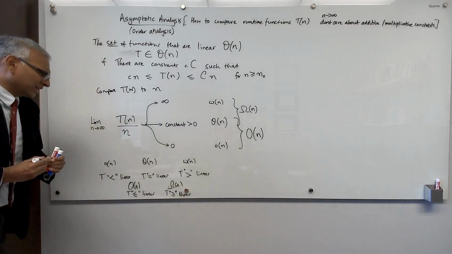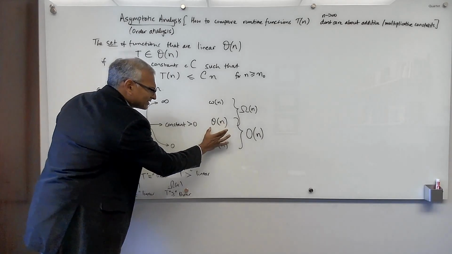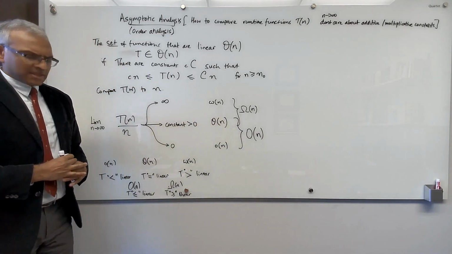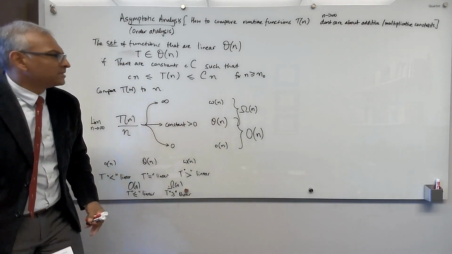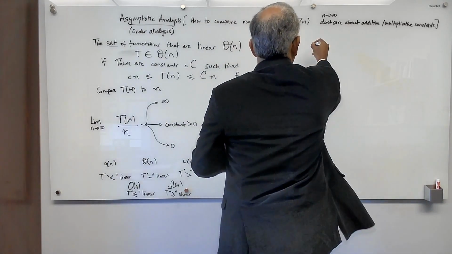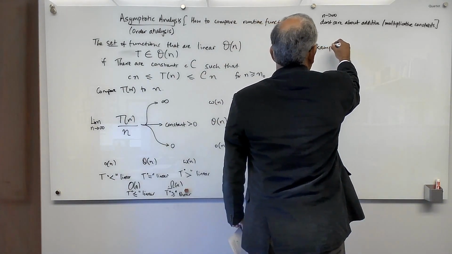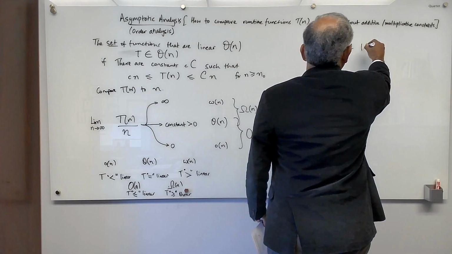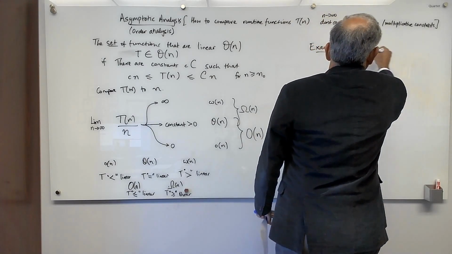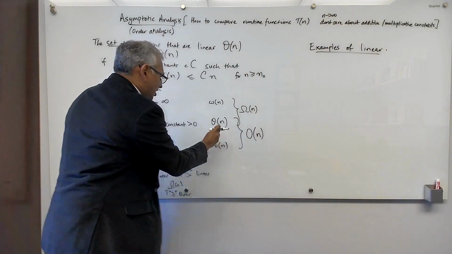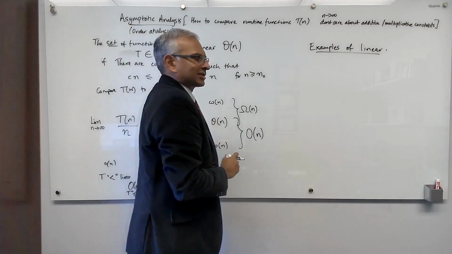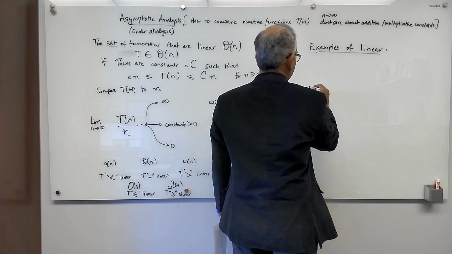Okay, so this is all notation, but let's focus on the set of linear functions. And let's do some examples of linear, and some examples of not in the set theta of n, not linear.